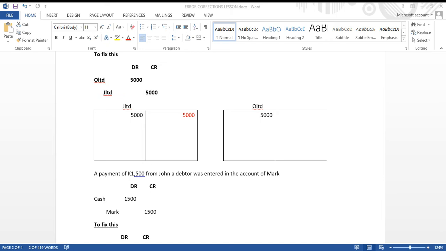So we have to get rid of this amount from Mark's account and take it to John's. To do that, you debit Mark 1,500 and you credit John 1,500, so that the amount goes to the correct person. Are we okay with that?